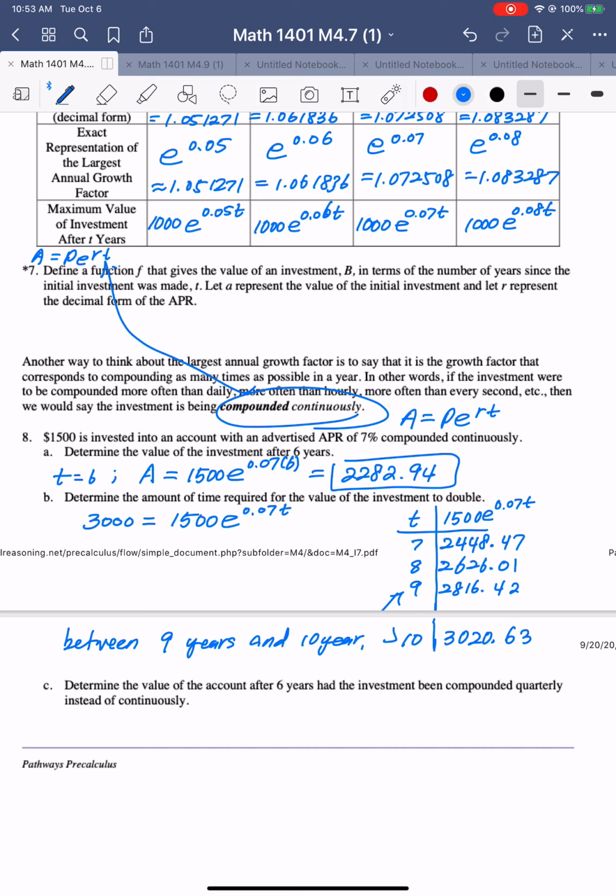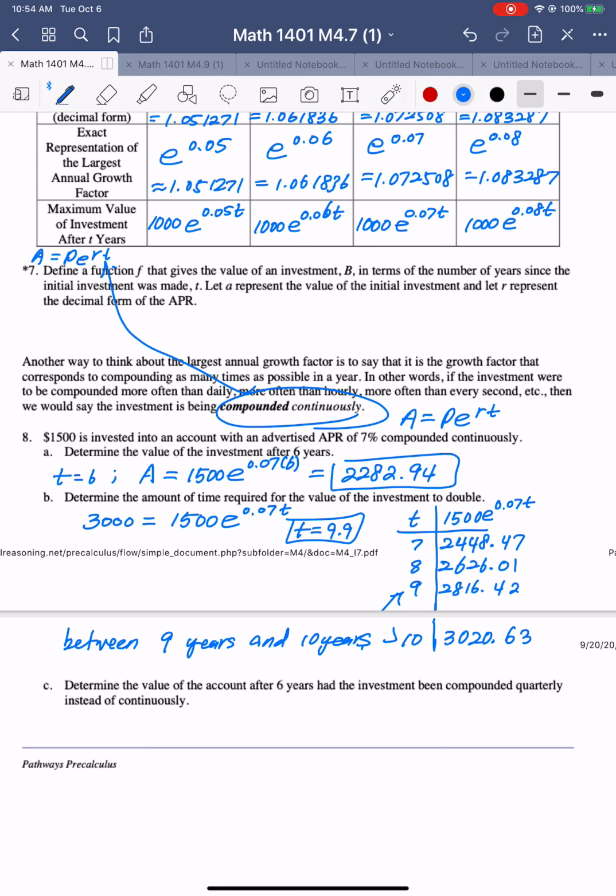And then you can just try 9.2, 9.3, 9.4, up to 9.9. At about t equal to 9.9 years, you get very close to 3,000, which is double the amount of money.